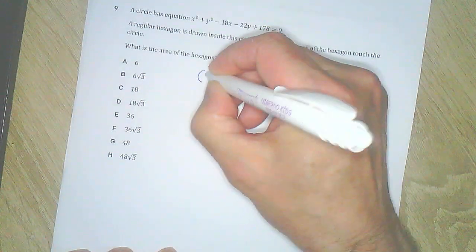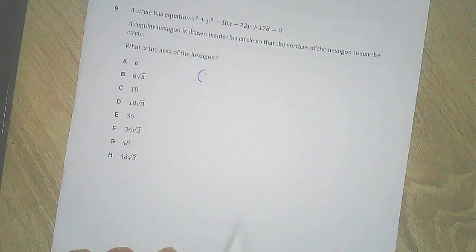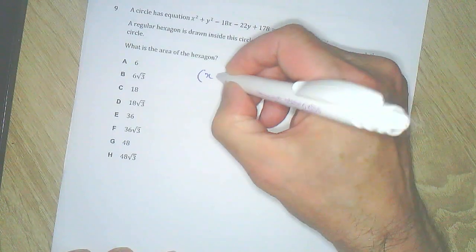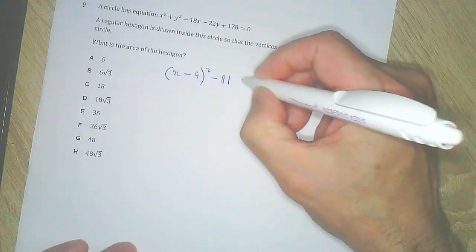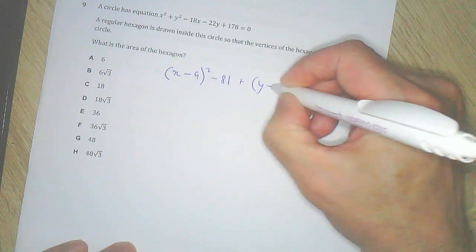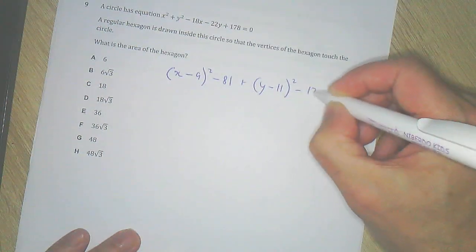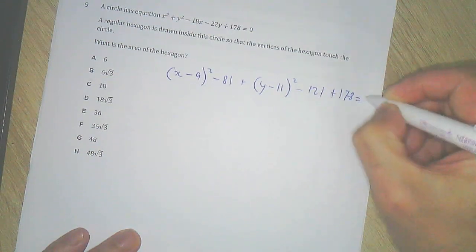What have we got? I'm going to complete the square twice because it's in classical form. We need it in the standard circle form. So what have we got? We've got x minus 9 squared minus 81 plus y minus 11 squared minus 121 plus 178 equals 0.